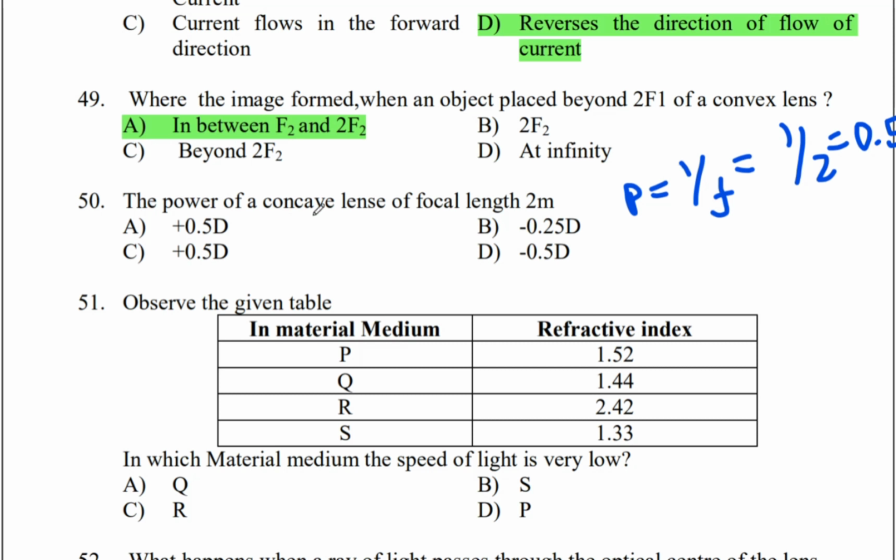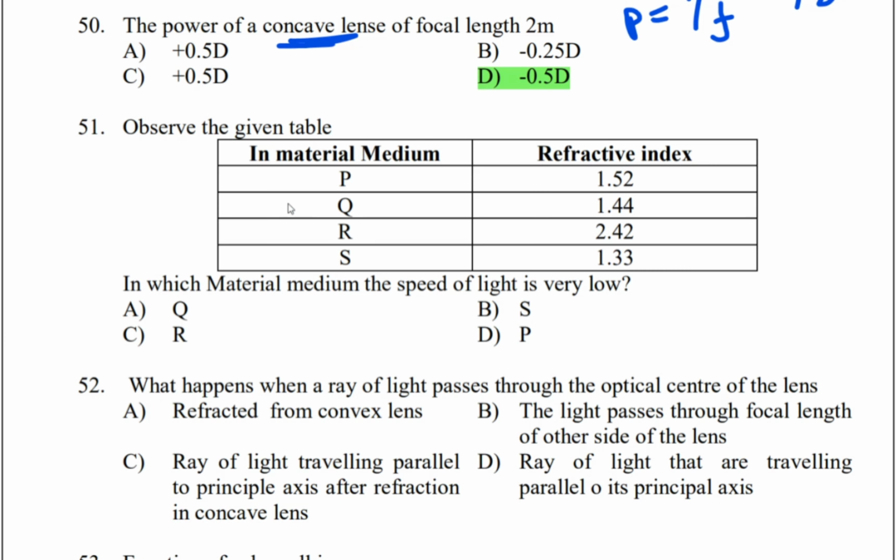Since it is concave, it will be negative. Therefore, the correct answer is option D, minus 0.5 D. The minus sign indicates the lens is concave.